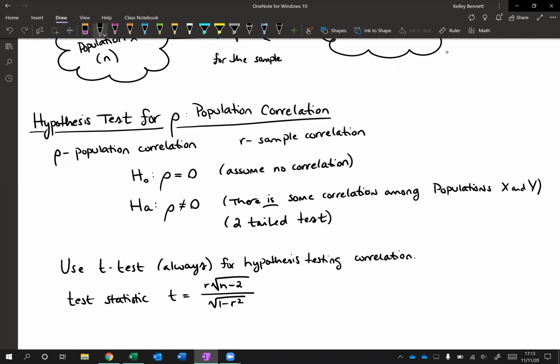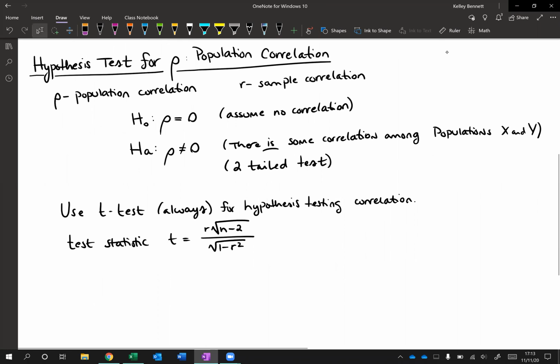This is just good to know information, but it's all going to be programmed into Excel. We also don't have to worry too much about the degrees of freedom because that's programmed into Excel. If n is our sample size, then our degrees of freedom is equal to n minus 2.